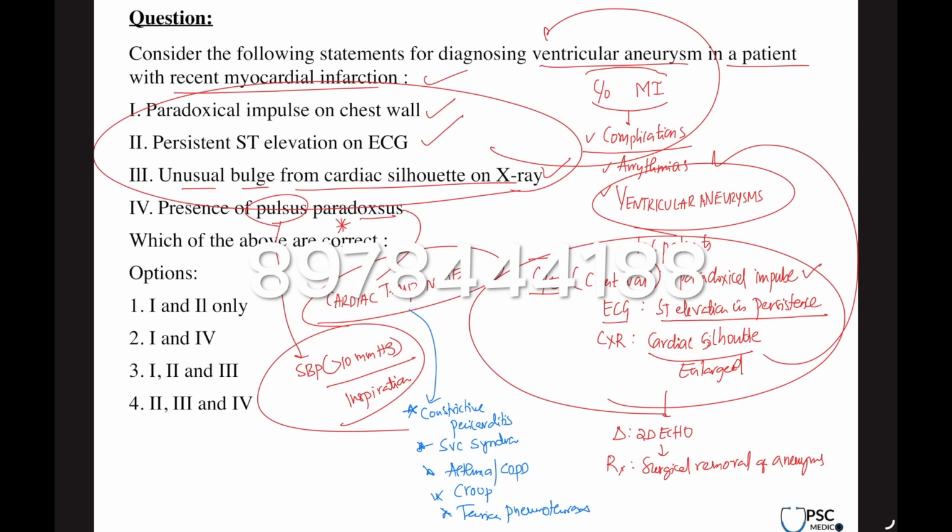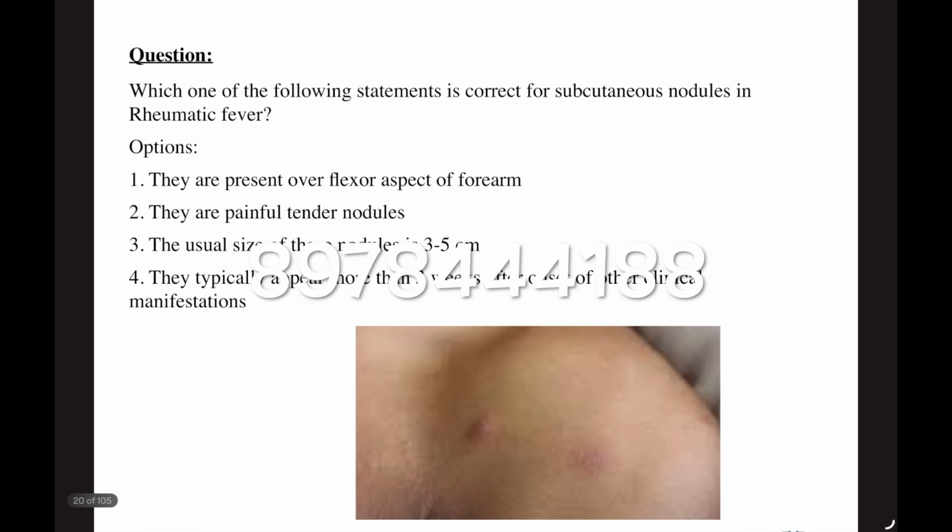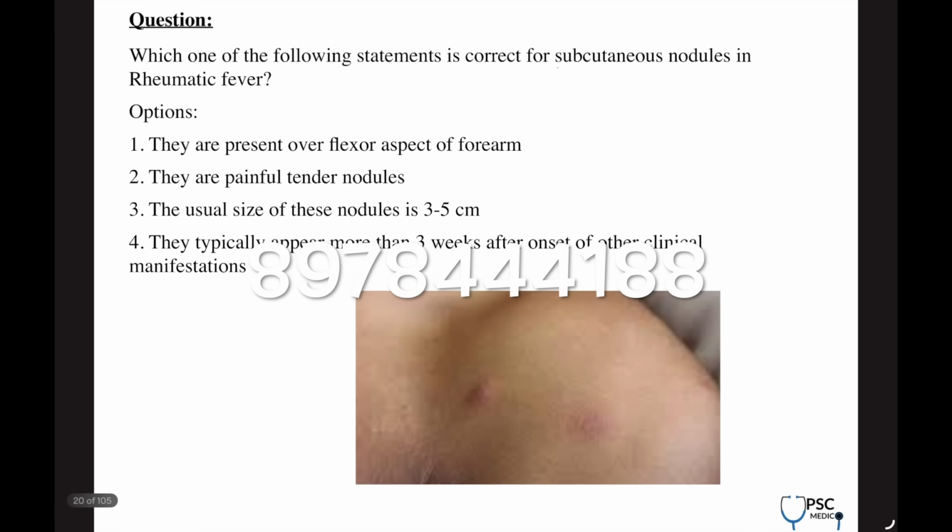Then, chalo, let's move on to the next question. Which of the following statements is correct regarding subcutaneous nodules? Subcutaneous nodules in rheumatic fever. Rheumatic fever, the diagnosis is by Jones criteria, not to be confused with Duke's criteria. Duke's criteria is for infective endocarditis.